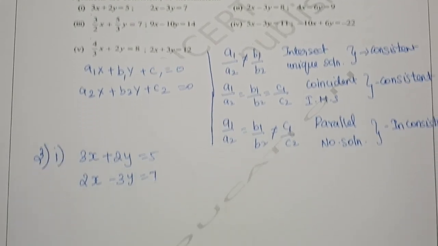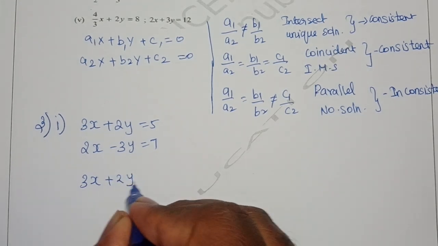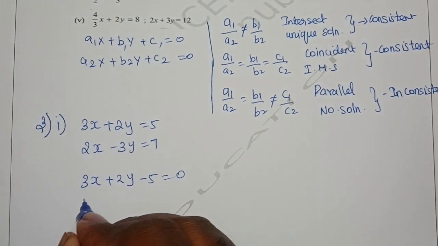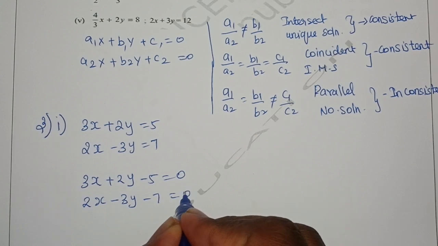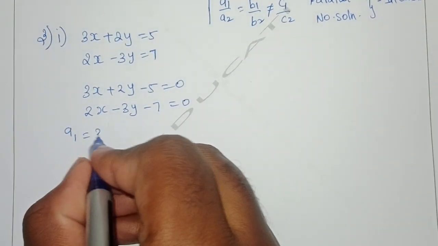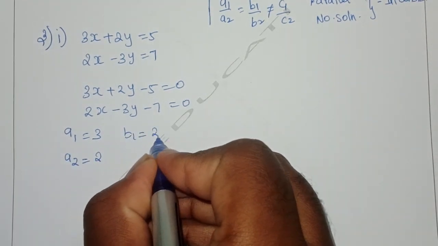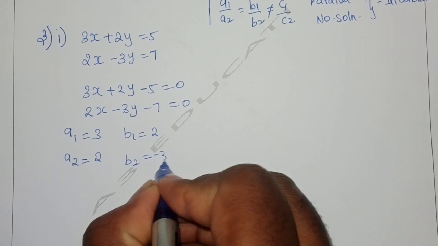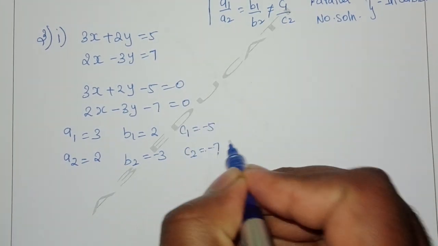First rearrange it: 3x plus 2y minus 5 equal to 0, 2x minus 3y minus 7 equal to 0. Therefore a1 equal to 3, a2 equal to 2, b1 equal to 2, b2 equal to minus 3, c1 equal to minus 5, c2 equal to minus 7.